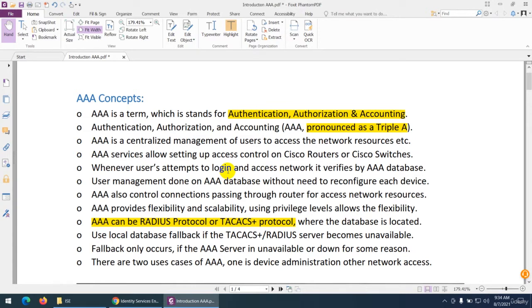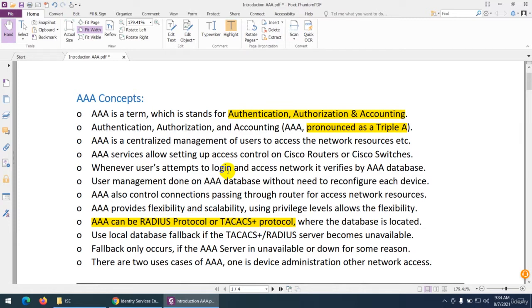So it means if you enable AAA on your Cisco routers, switches, and any other firewall as well, like Palo Alto firewall, FortiGate firewall, Checkpoint, Cisco ASA, FTD, you want to protect those devices. Whenever a user tries to log into the device, it will use AAA.